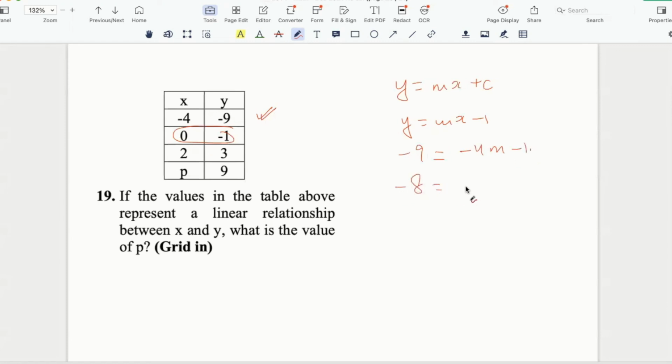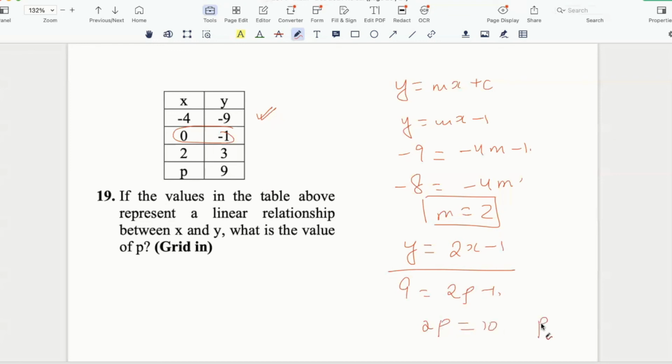So -8 is -4m. So m is 2. So the equation is y is 2x minus 1. So when I put x as p, y is 9. So 9 is 2p minus 1. So 2p is 10. So p is 5.